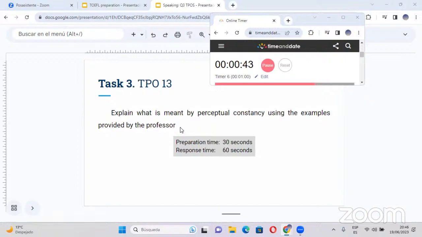To illustrate this, the professor says, how about being in the kitchen and having a plate? You would see a perfect circle, and if they put food on it, maybe the shape of this plate could seem like an oval, but it's the same plate.